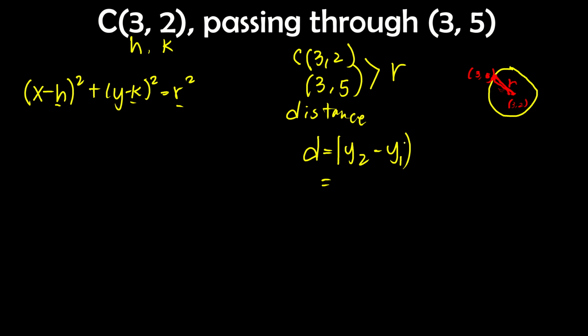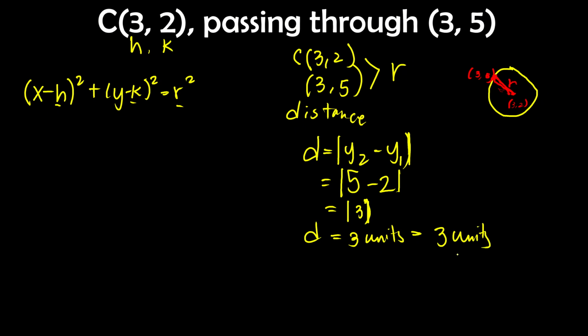The absolute value, y sub 2 is 5 minus 2 equals absolute value of 3 or just 3. So the distance is 3 units. And since the distance is 3 units, therefore, ang length ng radius ay 3 units. Units din. O, kompleto na tayo, di ba?